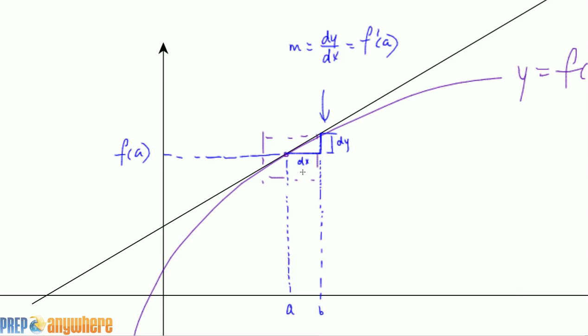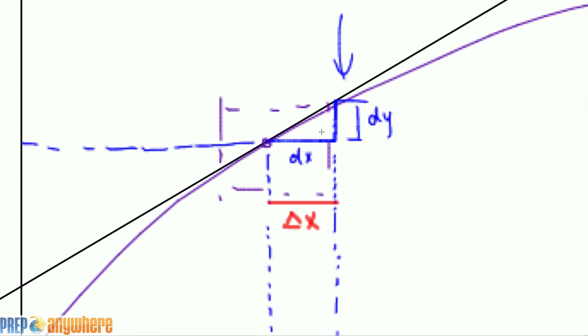For the actual graph, which is the purple, let's call that delta x. Then from here to here is almost the same as dy, but a little bit different, so I'm going to label that delta y.